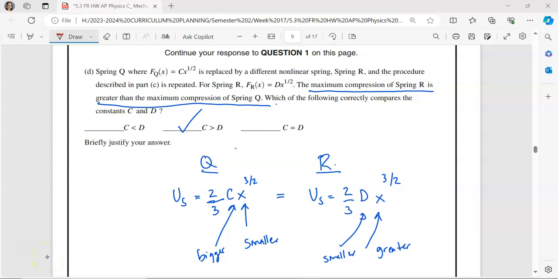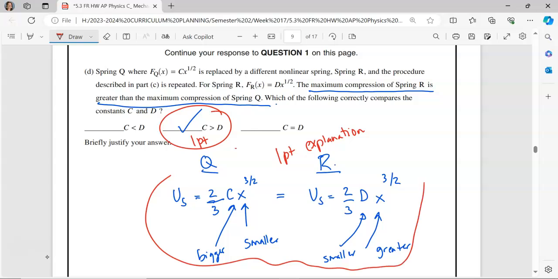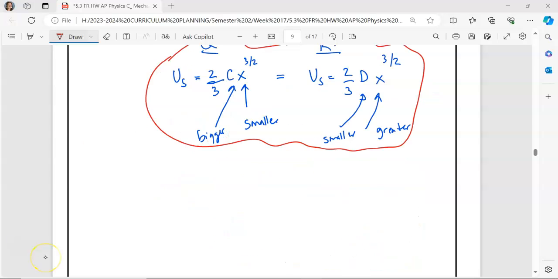So for scoring for this, you get 1 point for checking the correct box, and then 1 point for a correct explanation using ideas of conservation of energy, and then comparing the spring energies after of Q and R, since they will both start with the same total energy.